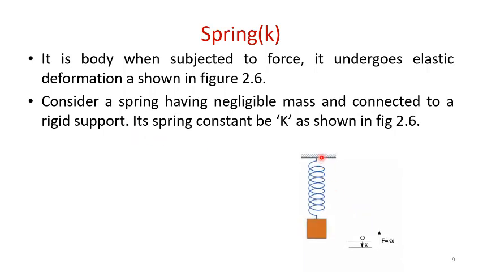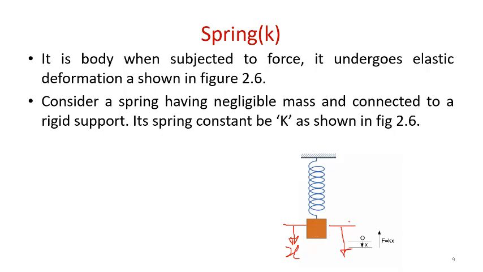Let's see the figure. Here is a spring suspended with a negligible mass m. When we apply a force downward, it will change its displacement. There will be a change in displacement in the direction of the applied force. That change in displacement is recorded as x of t, the deformation.